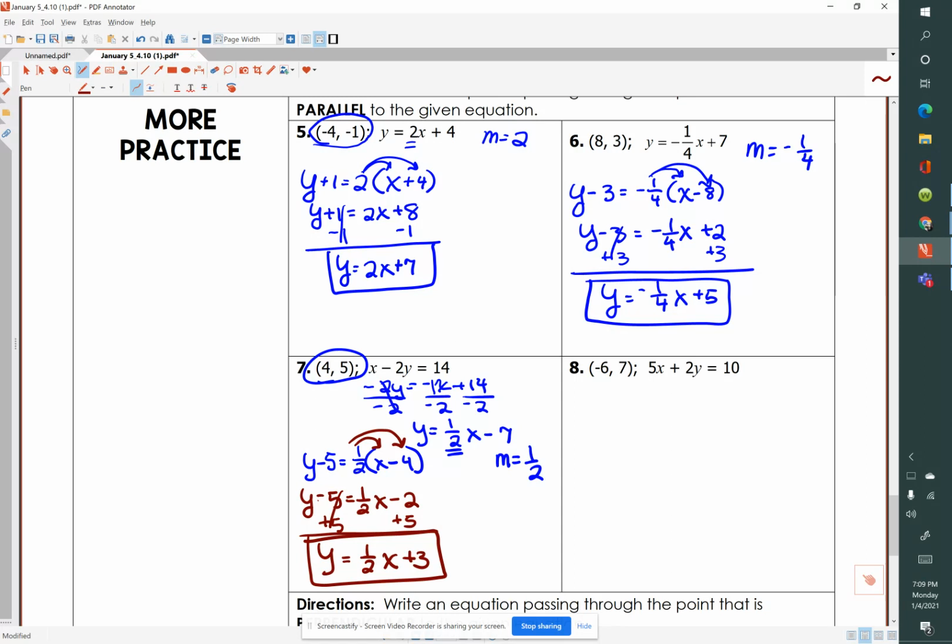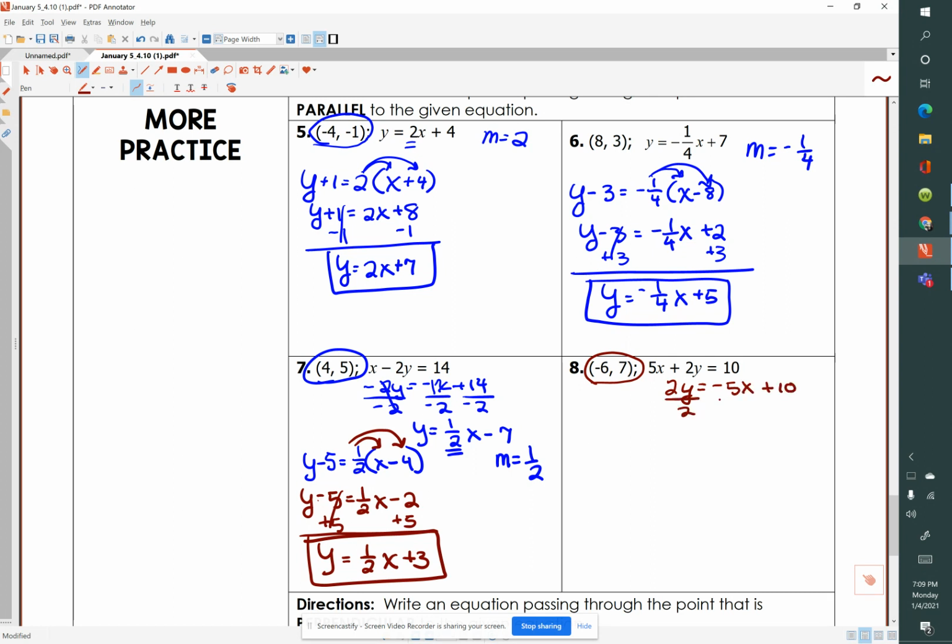And in number 8, we are going to write an equation that's parallel to 5x plus 2y equals 10 and contains the point -6, 7. But first, we'll write this equation in slope-intercept form. We'll start by moving 5x to the other side. So that'd be 2y equals -5x plus 10.